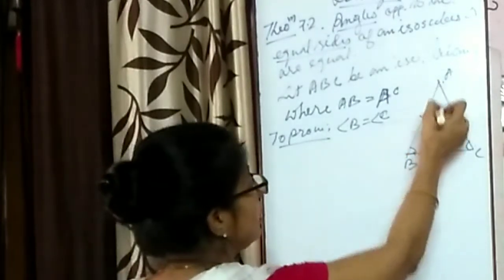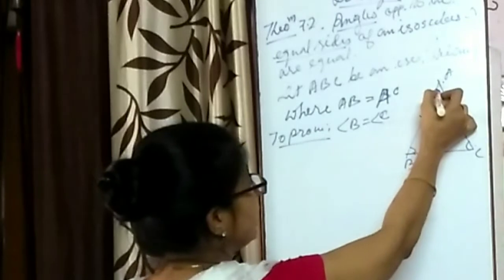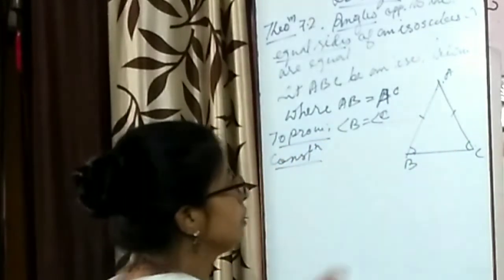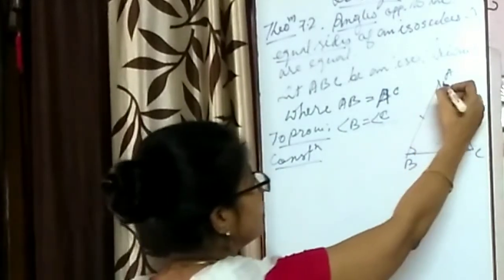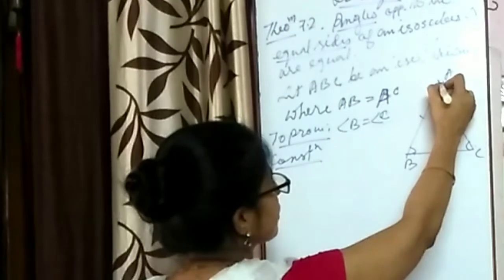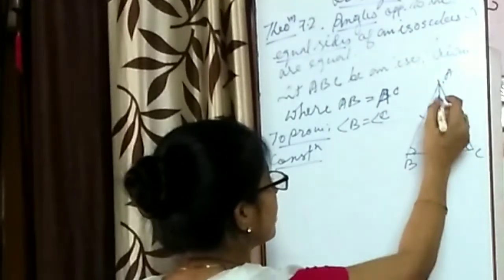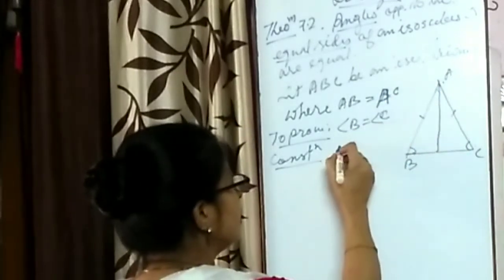We need one line to be drawn over here, and how is it to be drawn? So it will come in the construction part. We will make a line which is a bisector of the angle. This angle will bisect. It's not perpendicular. Simply a bisector is taken.